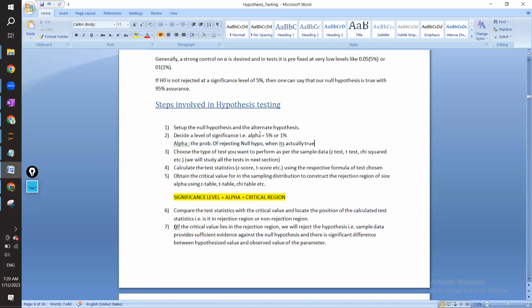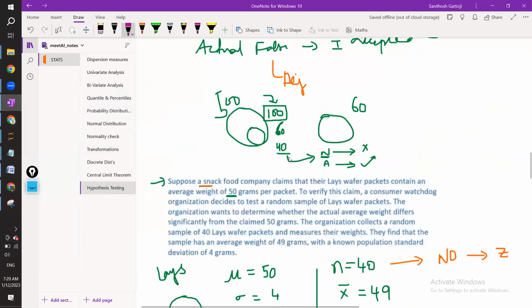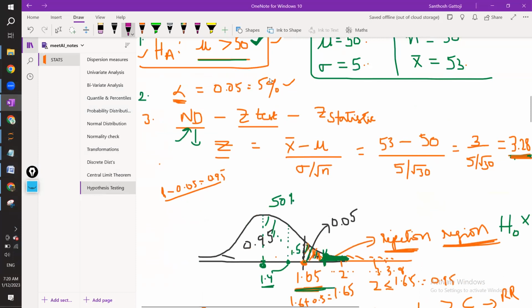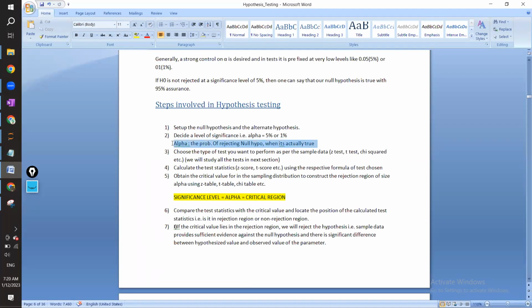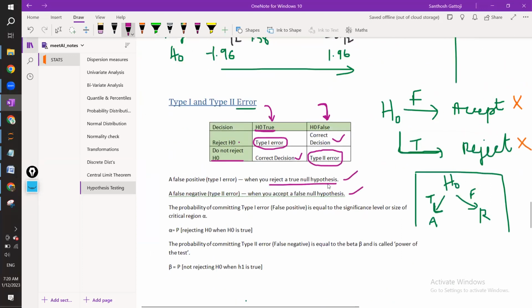All this time, when you are considering this area, this alpha by 2, and in every example, that alpha you are considering, this 5%, that is just the type 1 error, which is the probability of rejecting the null hypothesis when it is true, or simply the probability of rejecting a true null hypothesis. Is it clear?